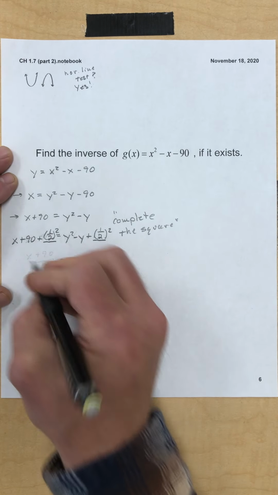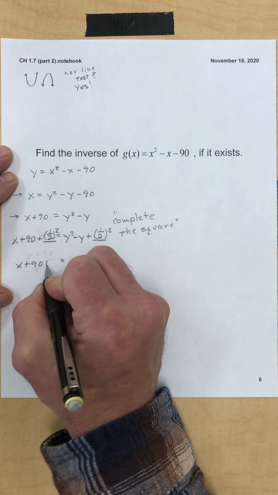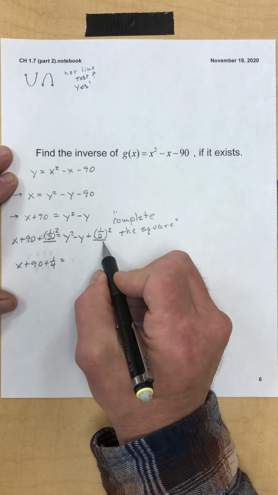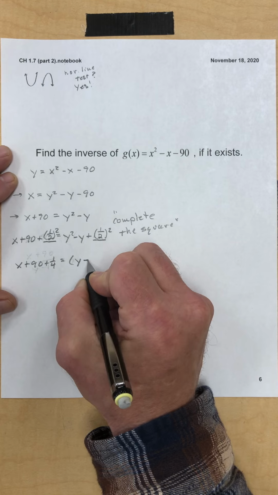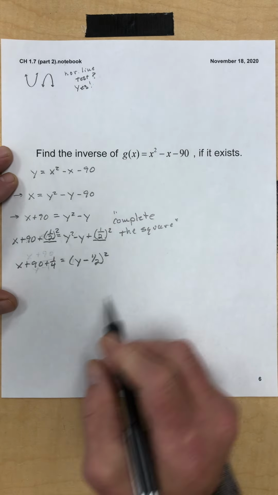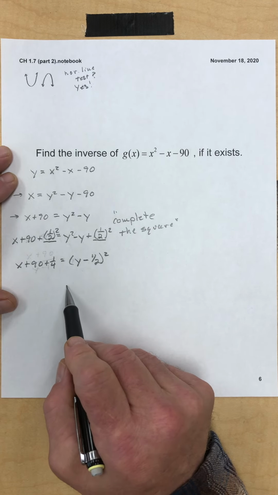So on the left-hand side, I get x plus 90 plus 1/4, and over here, this is a perfect square trinomial, and that factors into y minus 1/2 squared. Now notice I can use a square root to get one term with y.